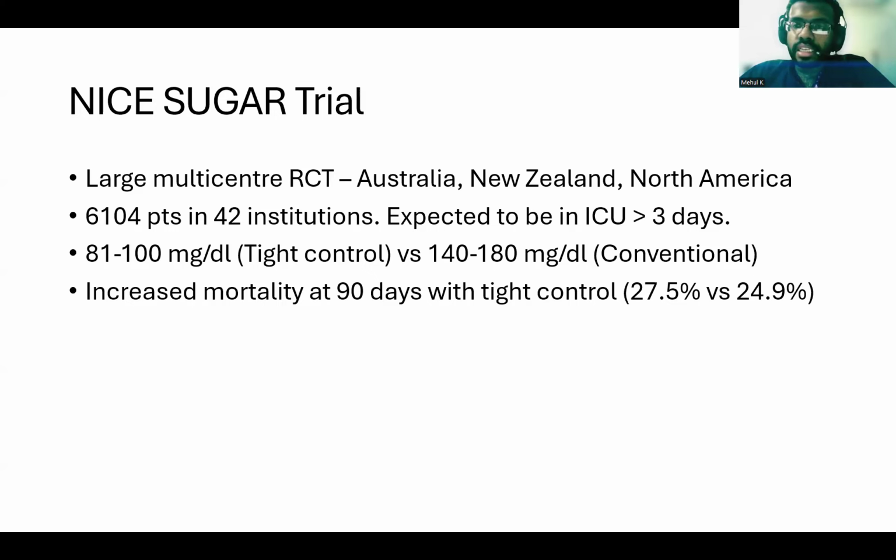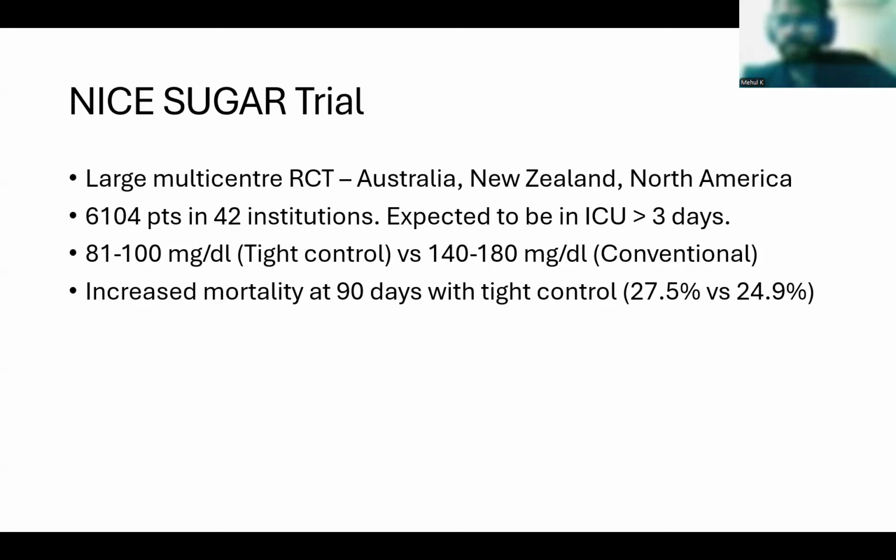Because usually what happens is that when you're conducting a study, the treatment group will generally get more attention, and by default they'll get a little bit more care than usual. So for the treatment group to have increased mortality does suggest that this particular management protocol of tight control actually causes a lot of harm to patients.